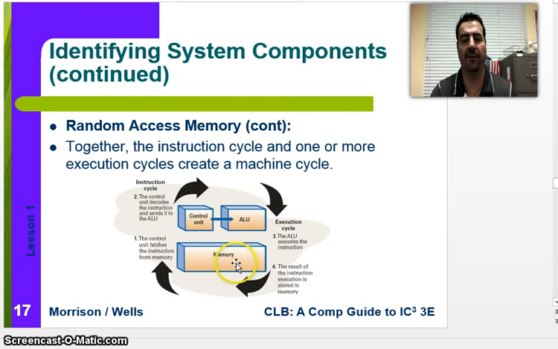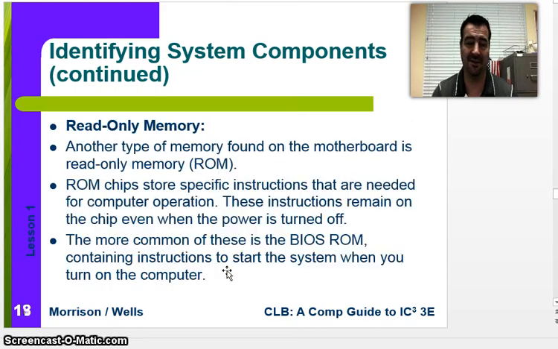And then from there it will go into the memory, which would be in the RAM, or go into the output and go through that whole cycle. The instruction and the execution cycle work together to create the machine cycle, but just to let you know, that stuff is not on the test.